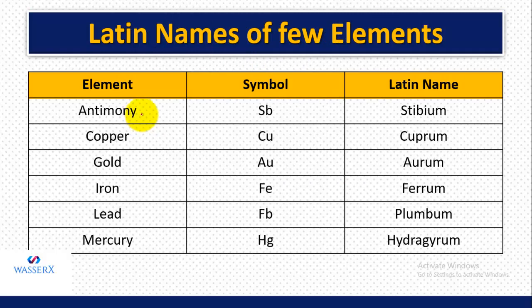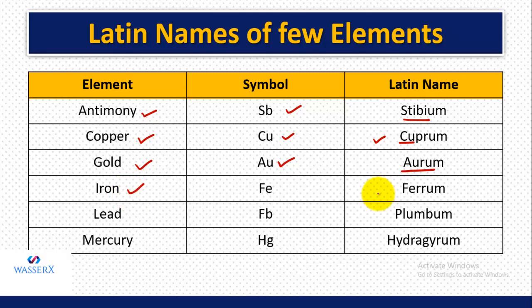Like if I talk about antimony, its Latin name is terbium and its symbol is Sb. Second, we have copper. Copper's Latin name is cuprum and the symbol is derived from the first two letters, that is Cu. Third, we have gold. The Latin name for gold is aurum, and the symbol is again the first two letters, that is Au.